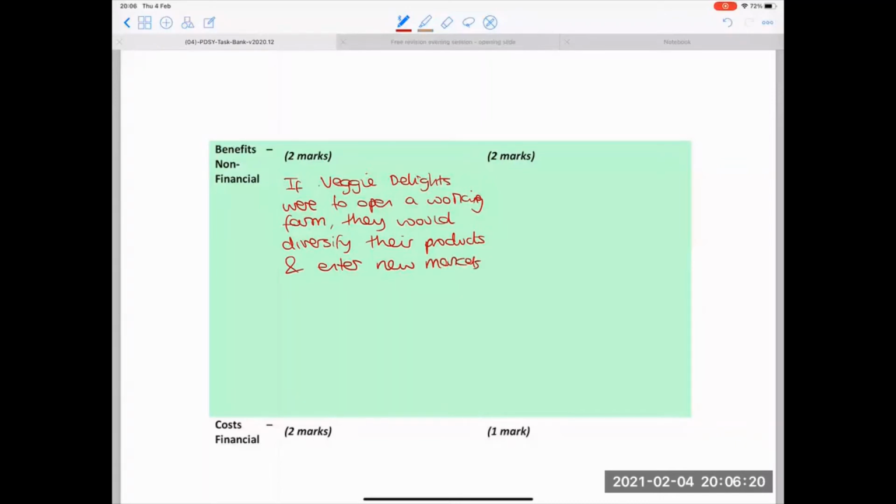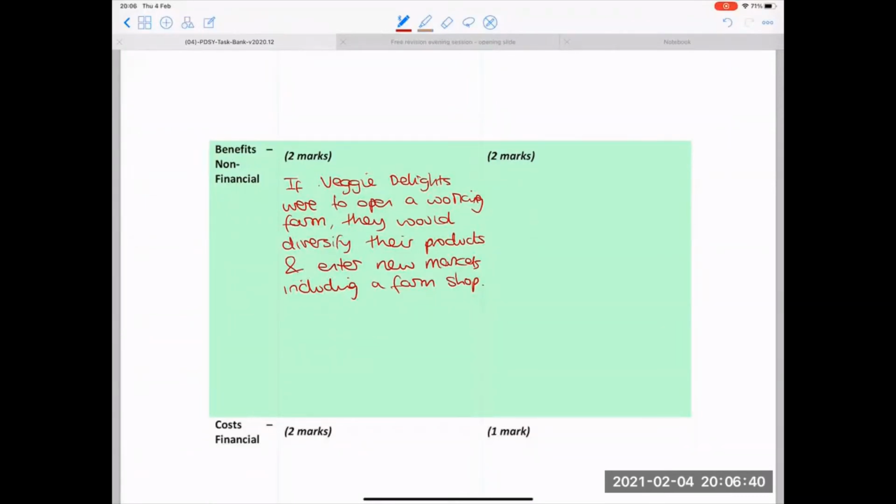Which new markets are they? Including a farm shop. That won't be enough. That will probably be worth a mark, but it won't be enough.